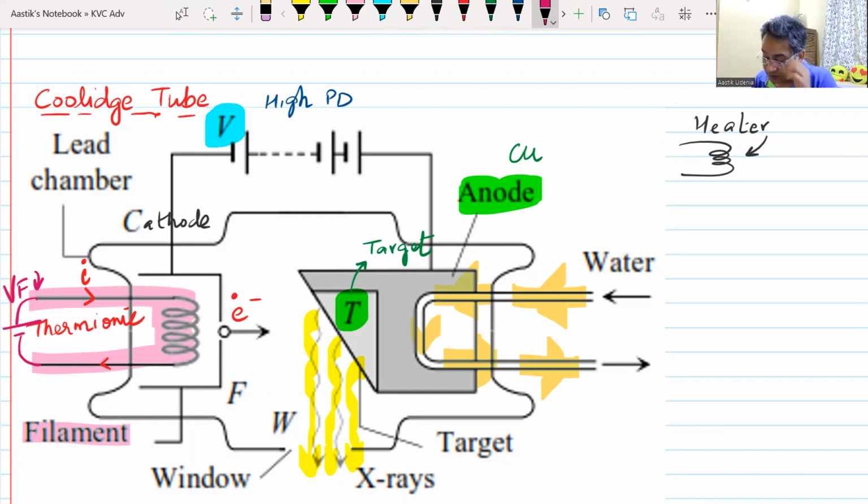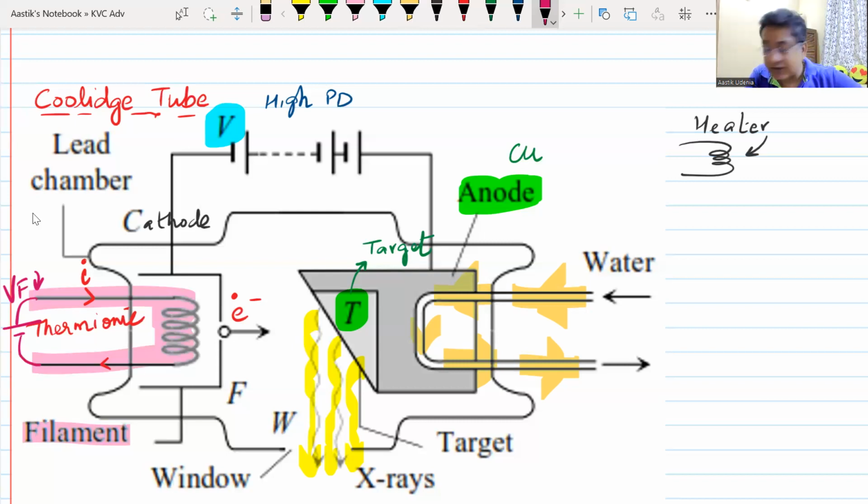So it depends on the voltage of the filament or the current flowing in the filament. More the current, more the heat, more the temperature, more number of electrons striking the target, more number of X-rays are produced. That is known as the quantity or the number or the intensity of X-rays.